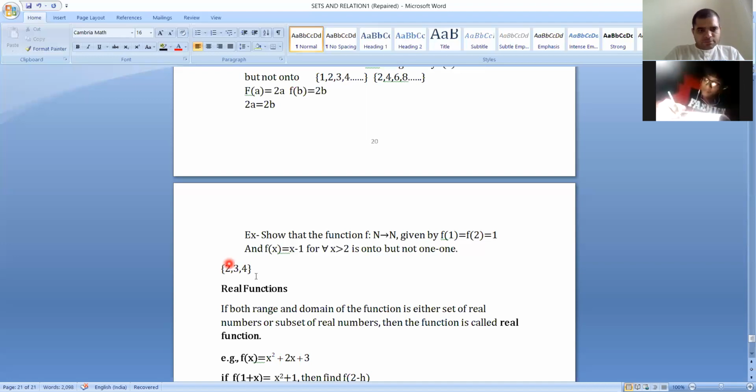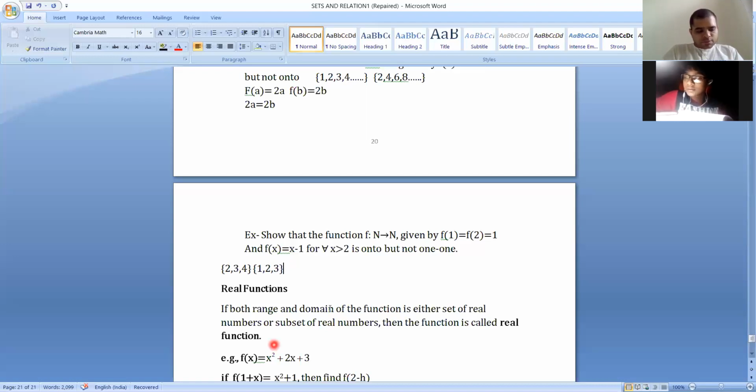Then elements of range. Elements of range 1, 2, 3.